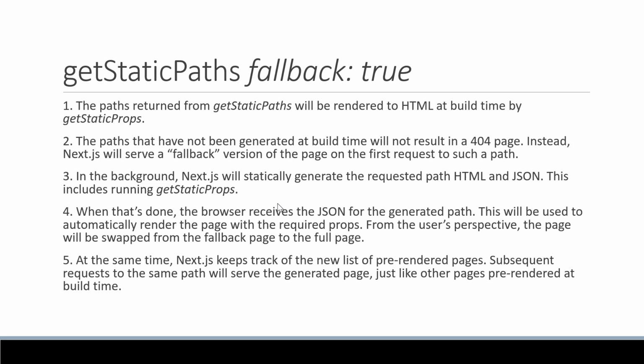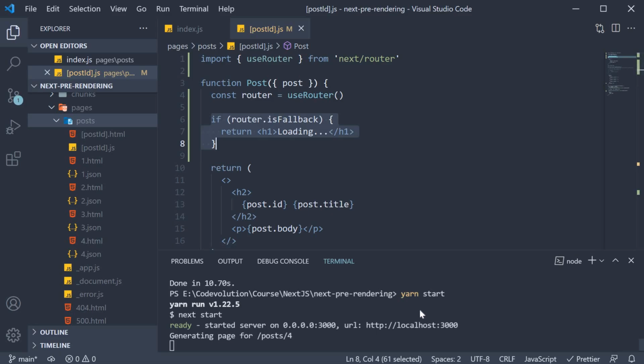Let's look at point number 3. In the background, Next.js will statically generate the requested path HTML and JSON. This includes running getStaticProps. So if we take a look at the terminal in VS Code, you can see the console log statement from getStaticProps, generating page for /post/4.